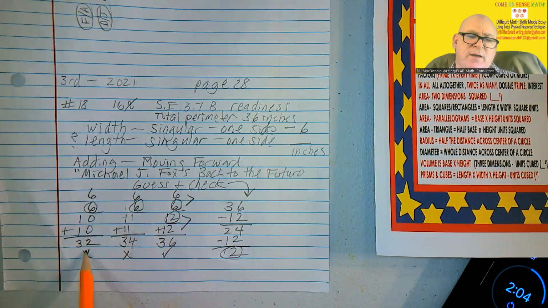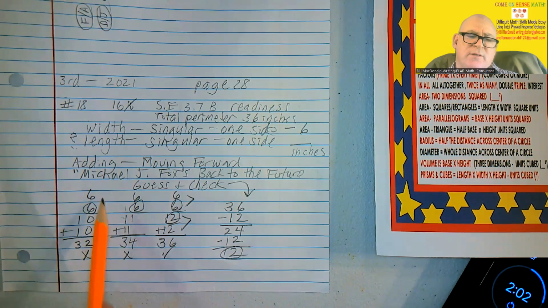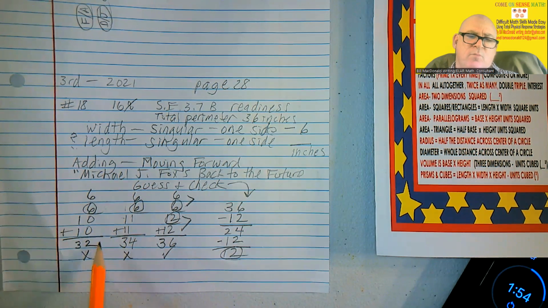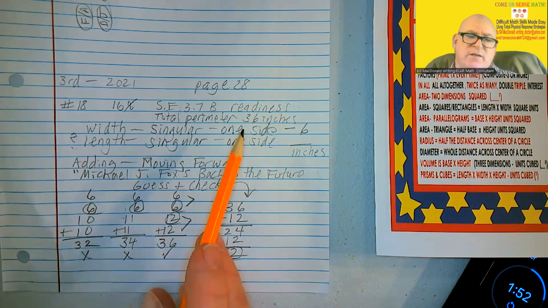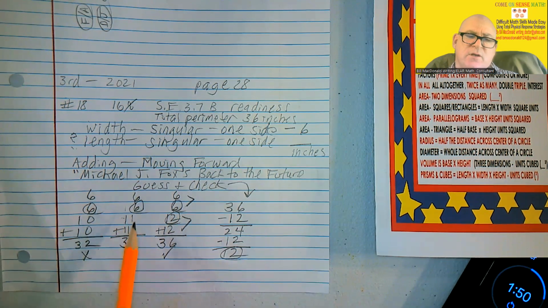Since the total was pretty high, we'll start with 10. So 6 and 6, the two widths, plus 10 and 10 is 32. But we're looking for a total of 36. 6 and 6 plus 11 and 11 is 34. We're not quite there yet. 6 and 6 and 12 is 36.